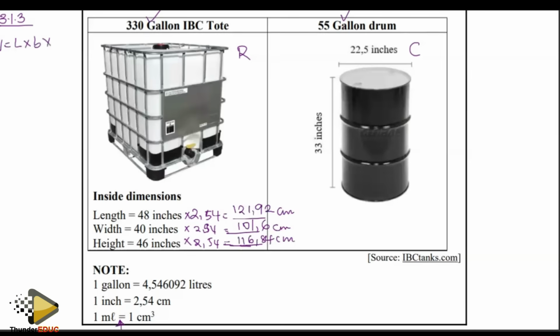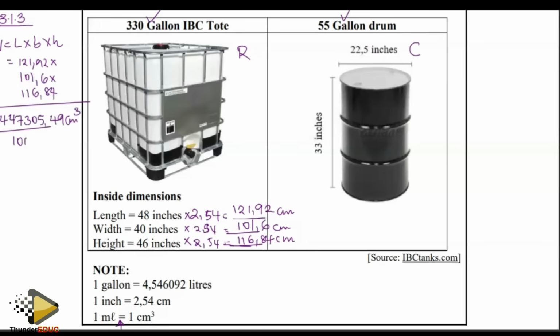Now we multiply by the height. So the volume becomes, here we have the answer, 10,300 cubed centimeters.